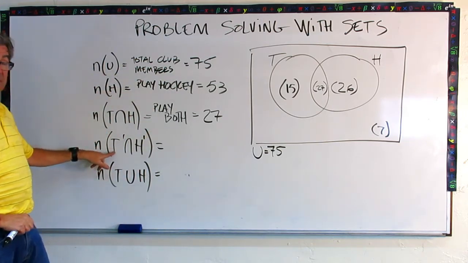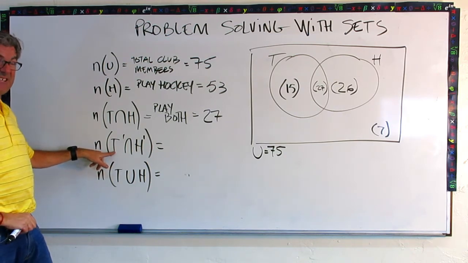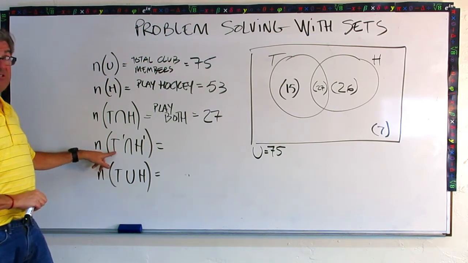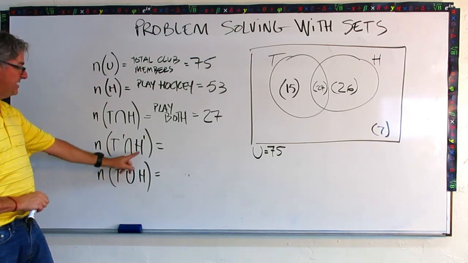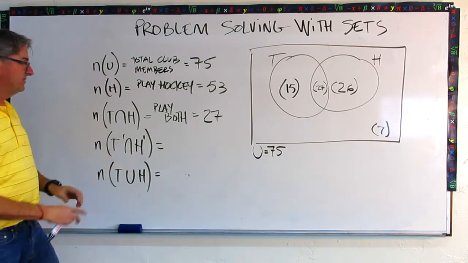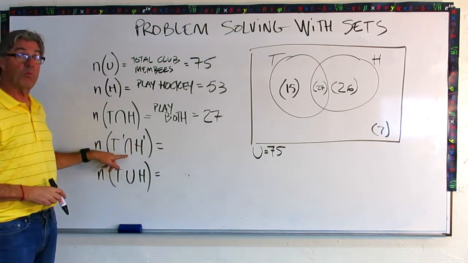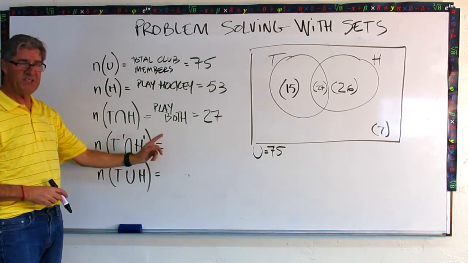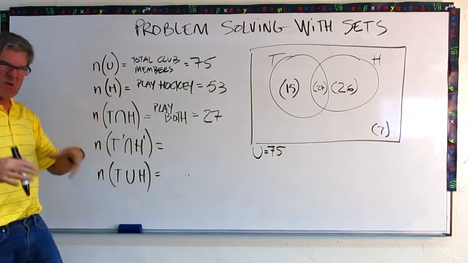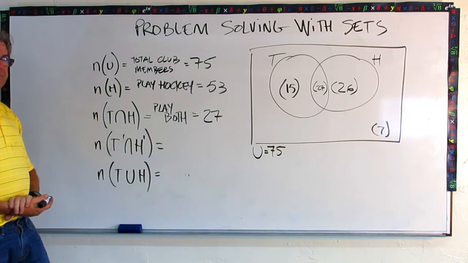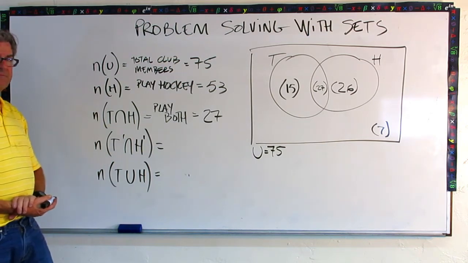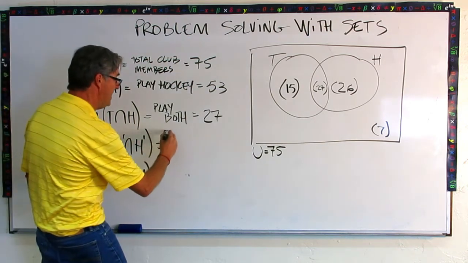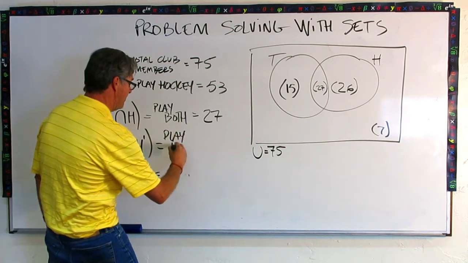So this, T prime, complement of T, is everybody in the club that does not play tennis. And the same thing for hockey. So see if you can come up with words for that. How would we just simply describe that in words without complements and all that kind of stuff? This is play neither.